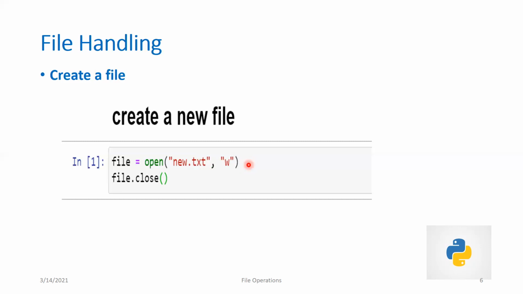Just like in a real scenario, if a file is open, we cannot make any change on that file. So after opening a file, if you want to do something else on that file, you have to close the file. If the file is already open and I am trying to delete that file, it cannot be possible because the file is already in use.